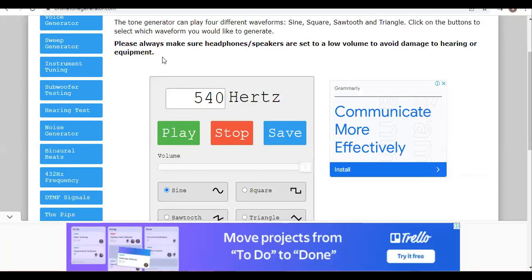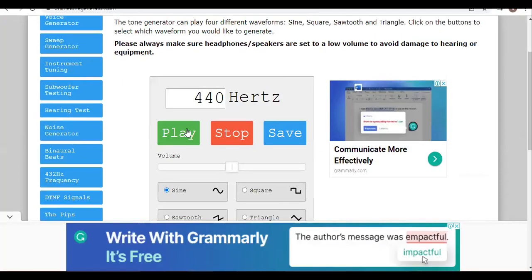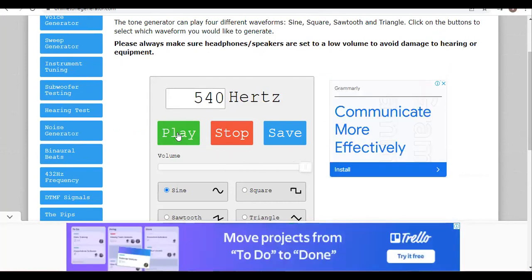Play this, you will see one frequency running. And in the next one, play around with this frequency. Instead of 540, play it as 541. Keep the volume the same and play it.